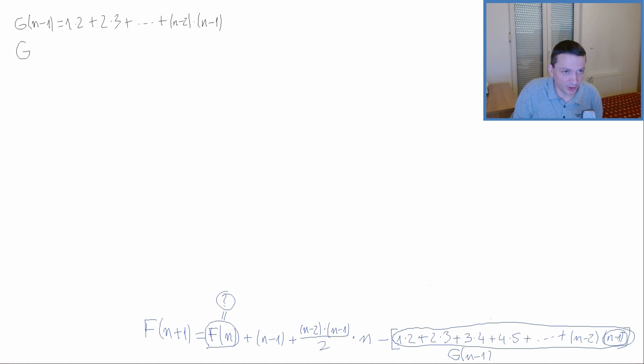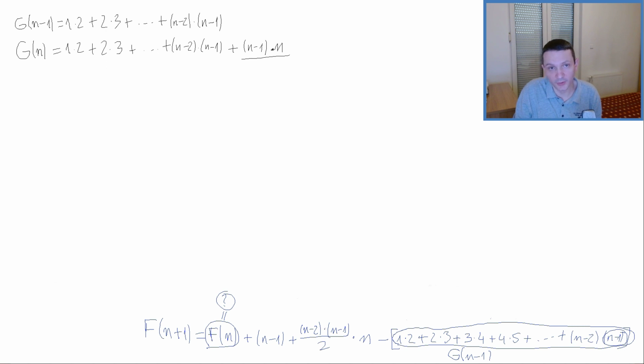And actually g of n is nothing but this sum here, but with one new term, n minus 1 times n at the end.